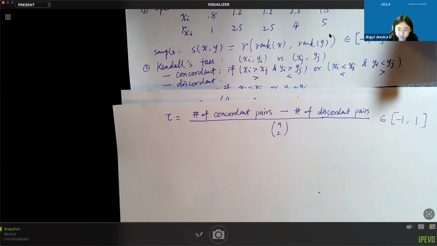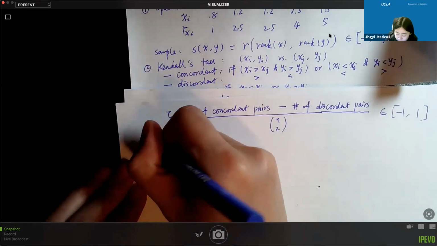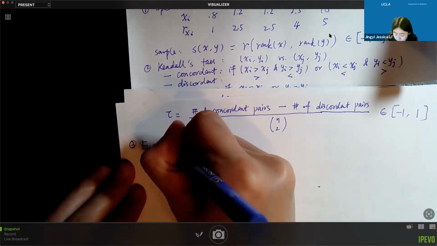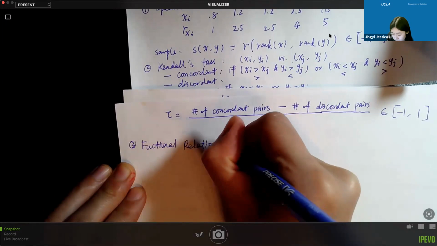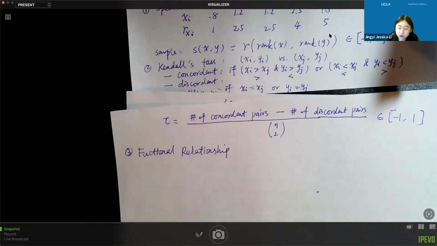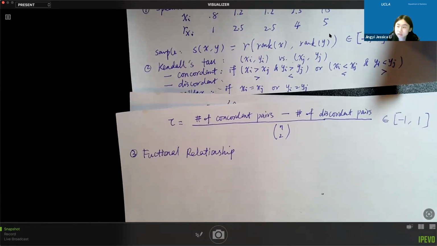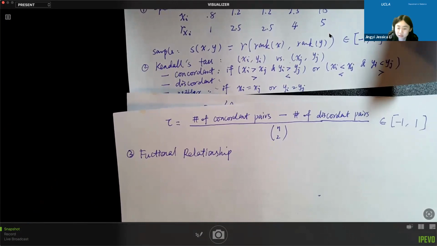Okay, the third type of relationship is what I call functional relationship. What it means is that X and Y have some interesting relationship like a parabola, but it's not monotone.